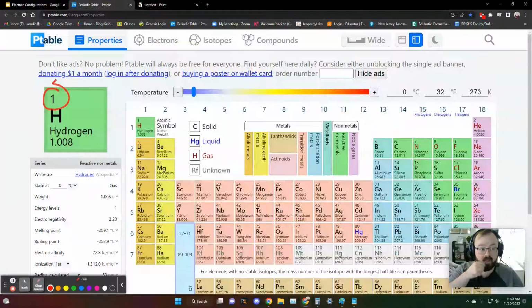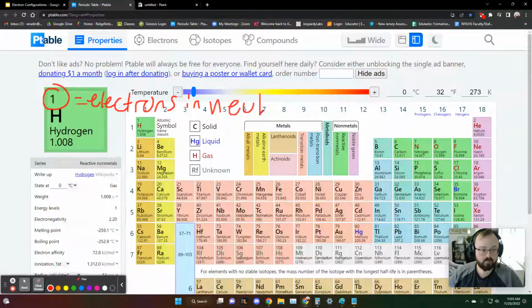Additionally, in a neutral atom, so that is not an ion, the amount of protons equals the amount of electrons. I'll write this up here. A neutral atom just means it is not an ion, there's no charge on it.